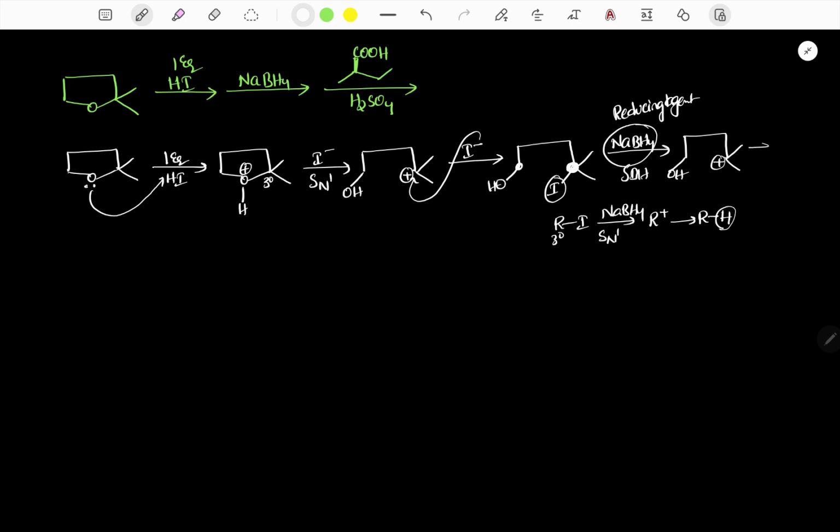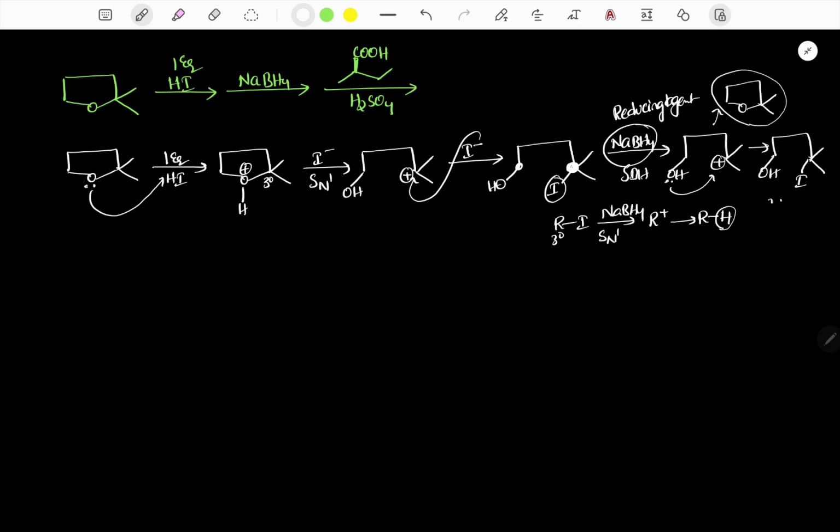Now it reacts with the corresponding iodide. Another possibility is also there. The lone pair can attack, and again we can get our reactant. Both are possible. Since it is intramolecular, it can be considered as the major product. But the next reaction involves a carboxylic acid, and it won't react with the ether.